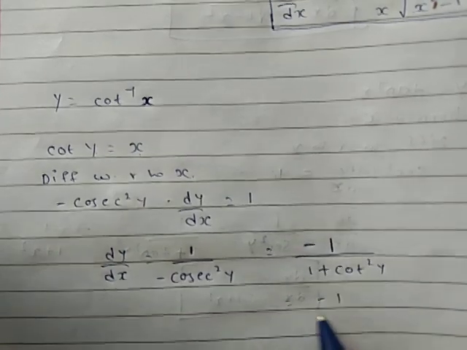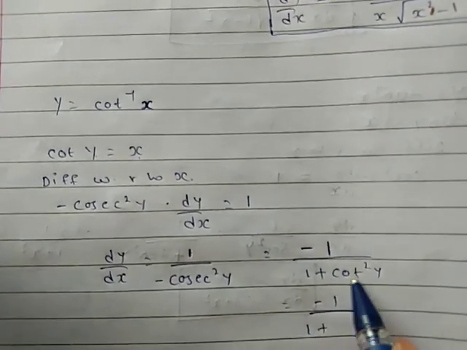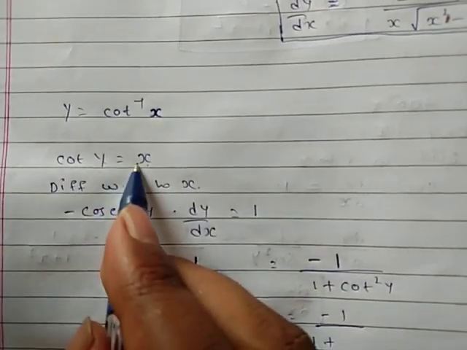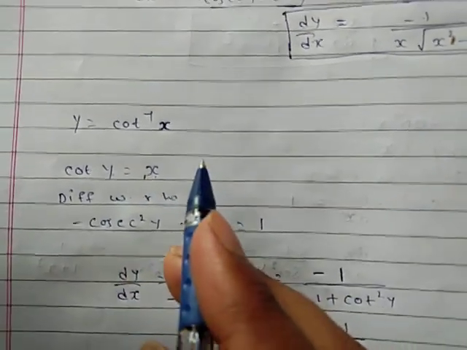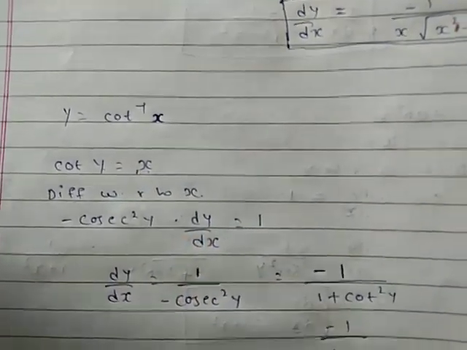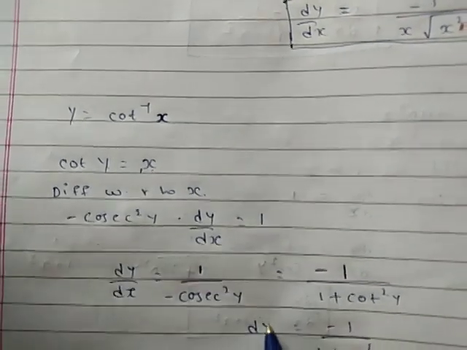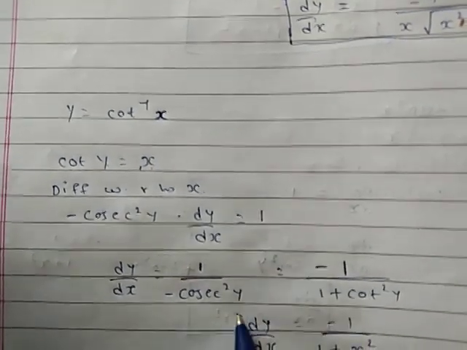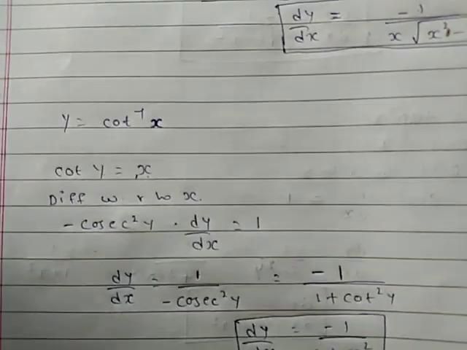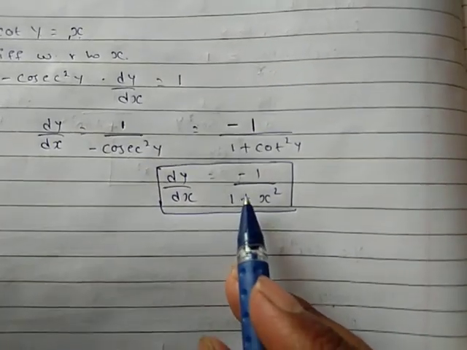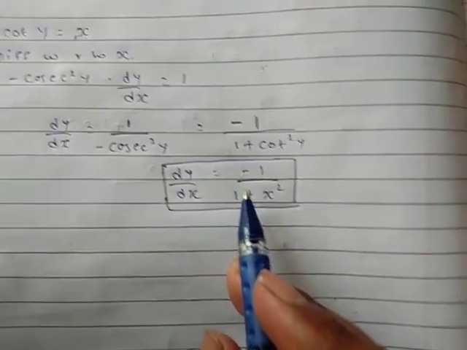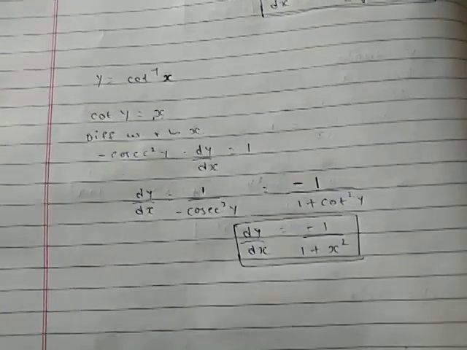So minus 1 divided by 1 plus, what is the value of cot square y? We have cot y equal to x, so cot square y is x square. So dy by dx is equal to minus 1 divided by 1 plus x square. This is the standard derivative of cot inverse x. So pause the video to note it down.